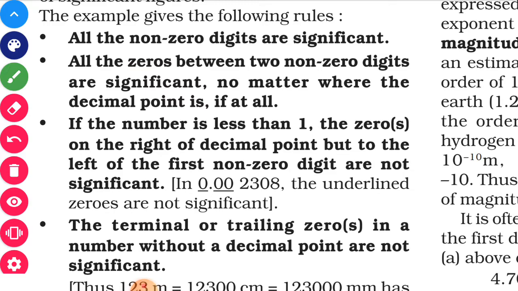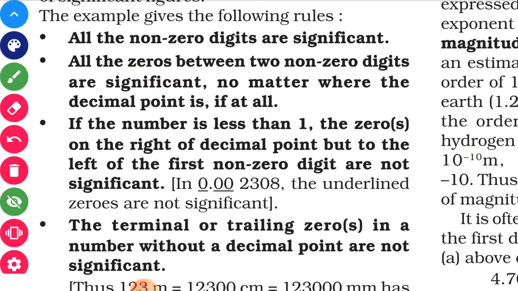Now if you have a number, say 2.33, then all the non-zero digits are significant, so there are three significant figures.